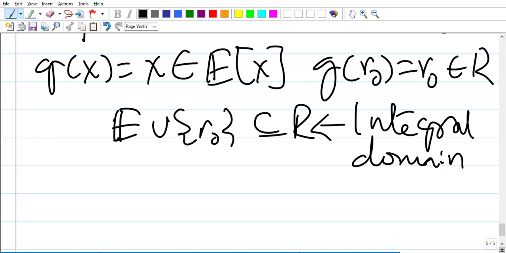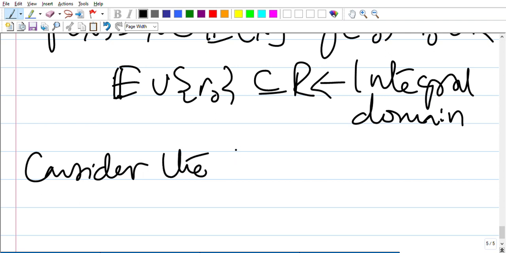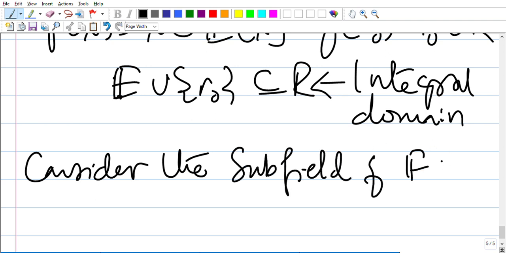So what I can do is consider the subfield of F generated by R.